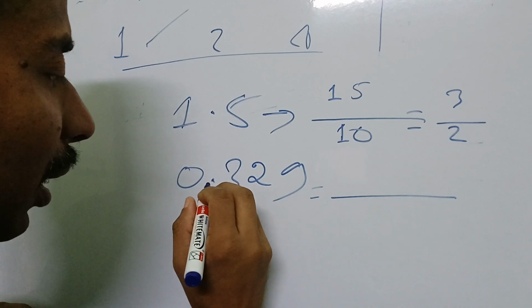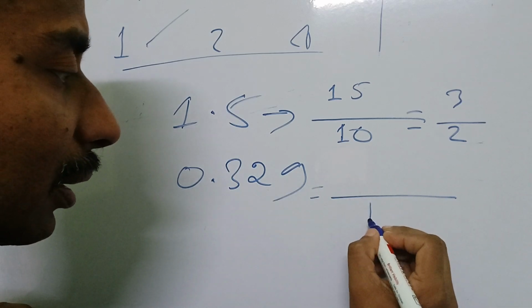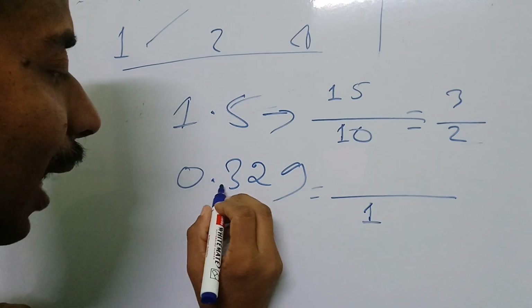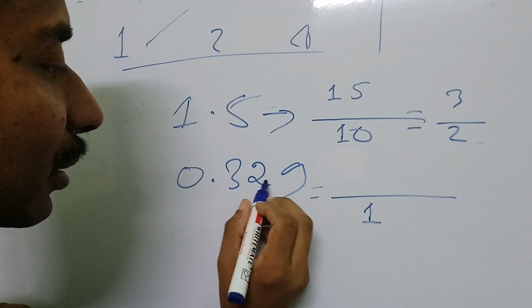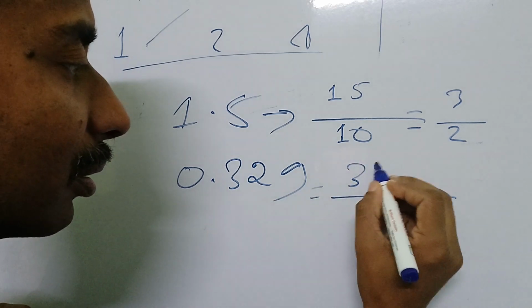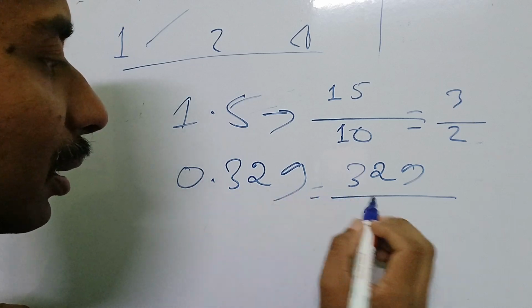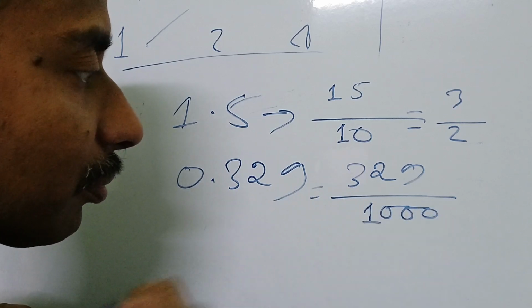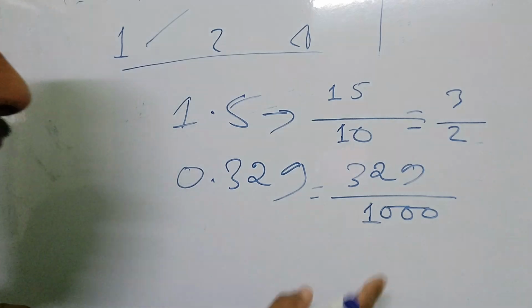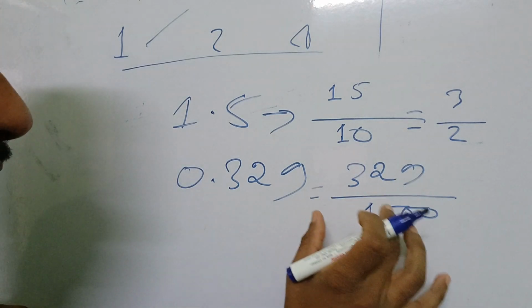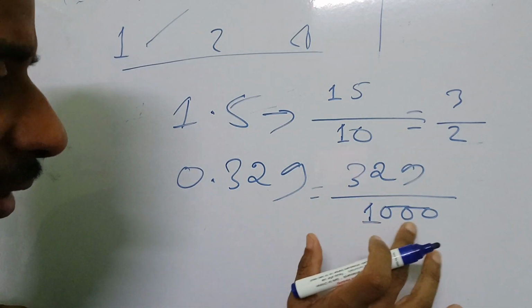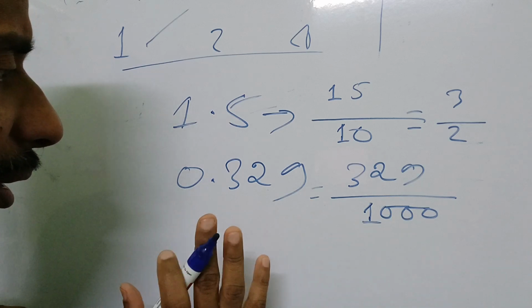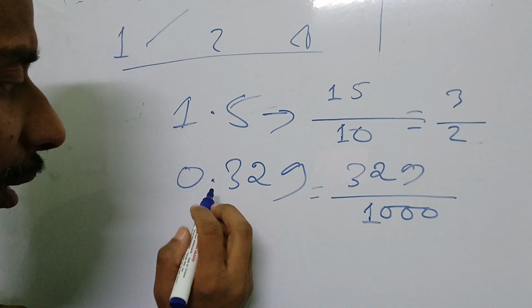Start from this point: write down the number without the decimal point, 329, and for the point write 1, and after this, how many numbers? 3 numbers, then 3 zeros. If you can simplify, then this is not simplifiable. Clear the concept?